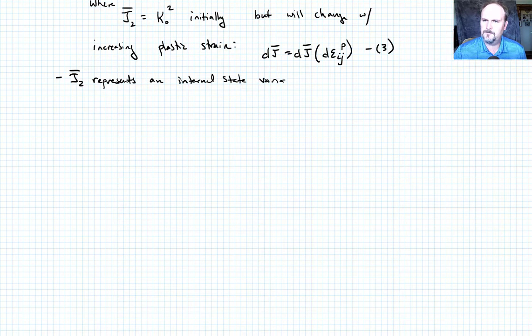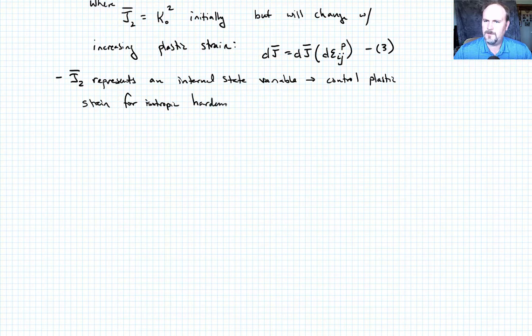We defined those previously, but it represents the internal state variable, and it's going to control the plastic strain for isotropic hardening. So it's a single variable.